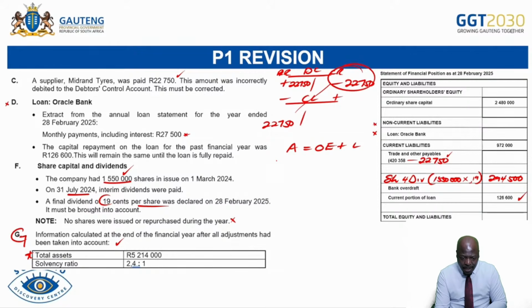So if my assets are 5,214,000, that means my total equity and liabilities must also be 5,214,000 as well, because it must balance. Okay, so I was given that figure there.